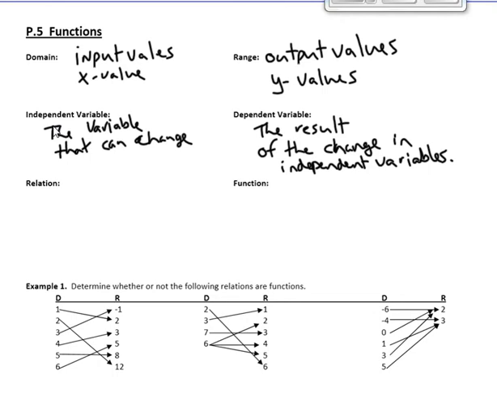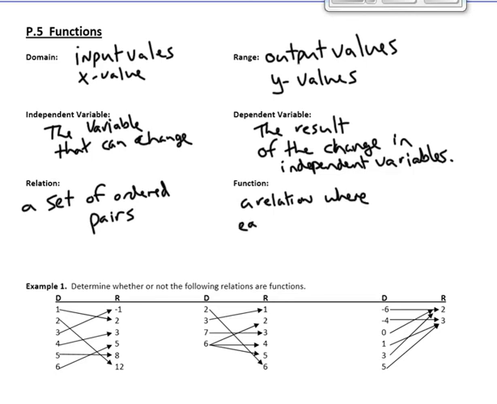So then a couple other vocabulary words. A relation. A relation we're going to define as a set of ordered pairs. A function we're going to define as a relation where each x value has only one y value.